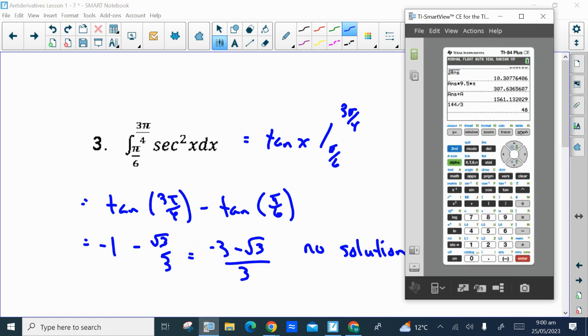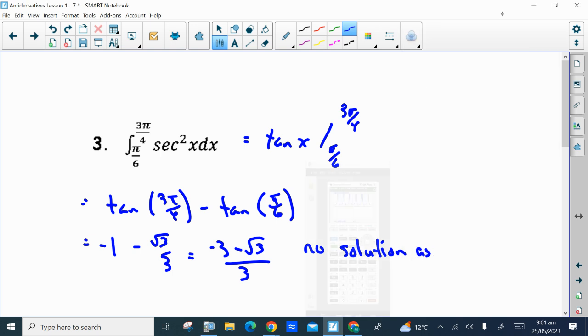Just to confirm, if you go into trace mode and put pi on 2 in there, there is no y value returned. X equals pi on 2 is a non-permissible value.